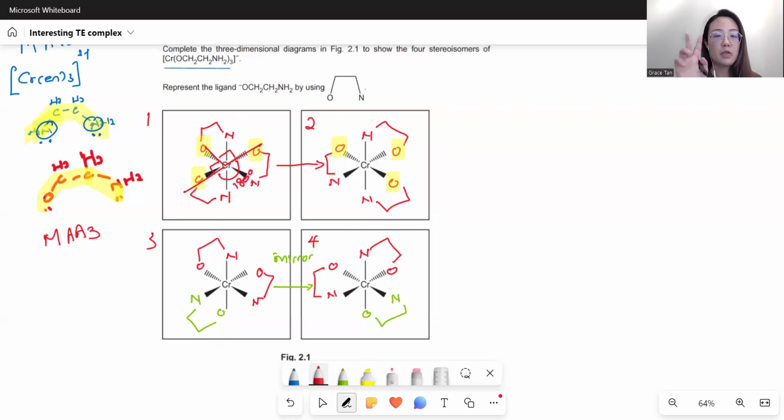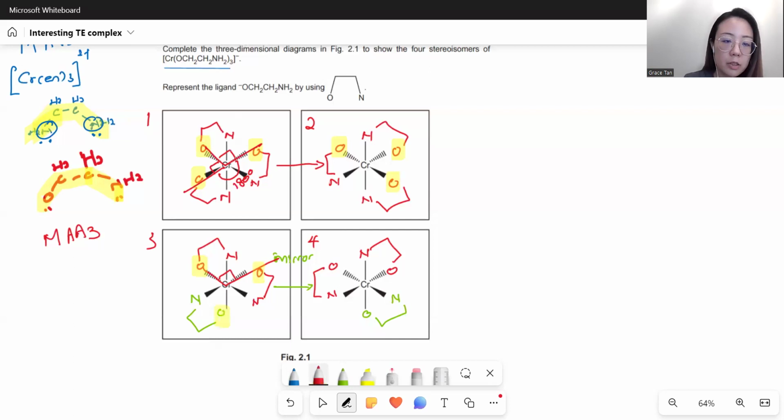So you pick any 2 oxygens and ask, what is the angle between the 2 oxygens? We have a 90 version, a 90 version, and a 180 version. Of course, isomer 2 will also have the same answer: 90, 90, and 180. But if you look at isomer 3, these 2 oxygens, let me highlight first, are 90.